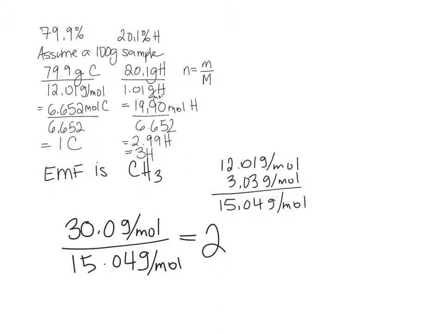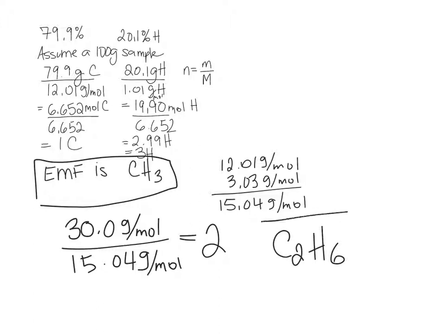So if I take that number and multiply the subscripts in my empirical formula, I will have my molecular formula. So CH3 times 2, C2H6 is the molecular formula.